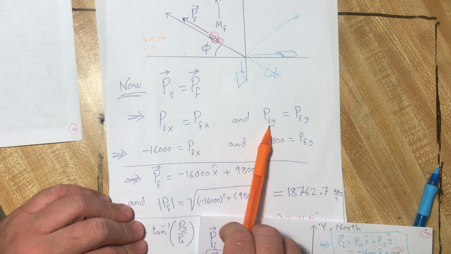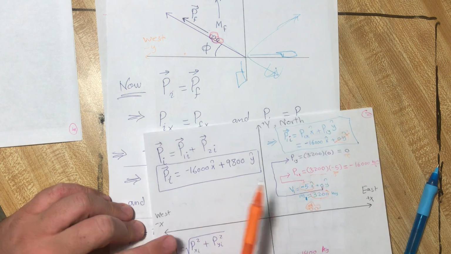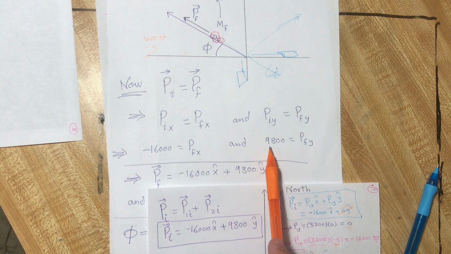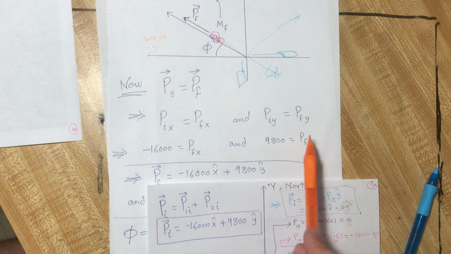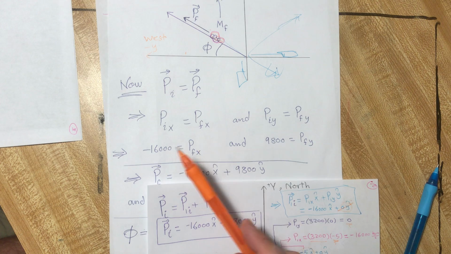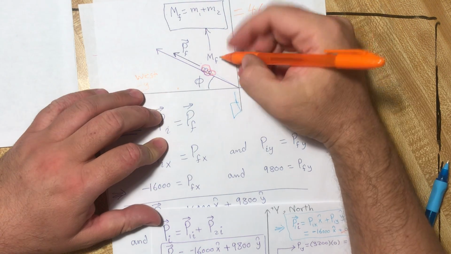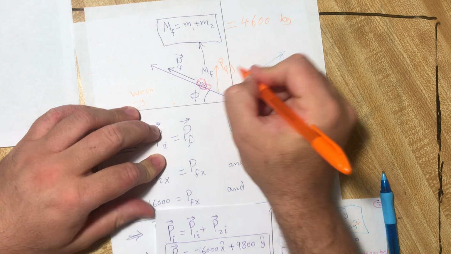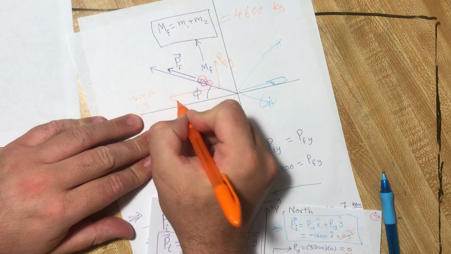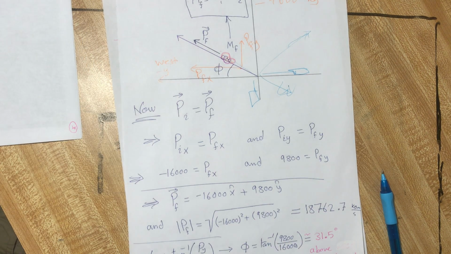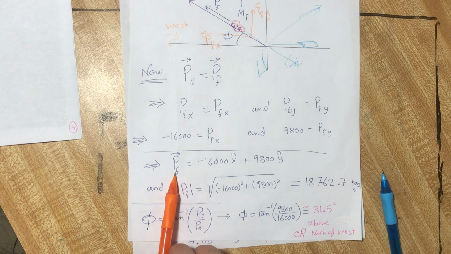And P initially in y direction is 9,800, which is equal to the P final after the collision in y direction. So this is P final in y direction, and this is P final in x direction. They are the components.